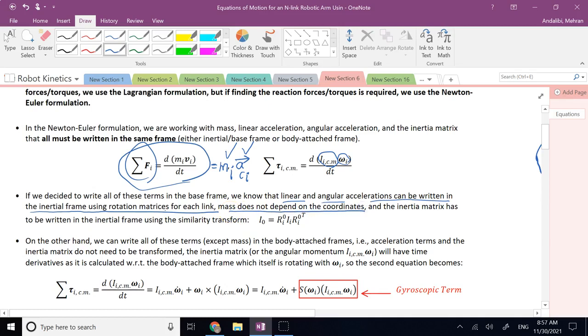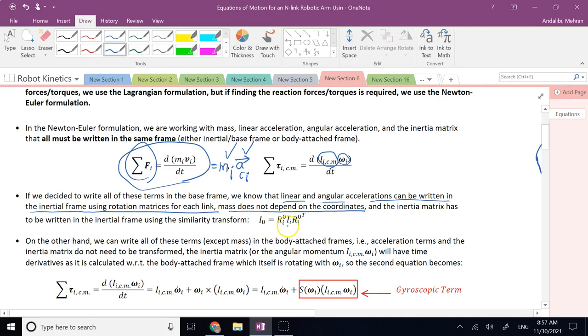The inertia matrix does, because if you remember the inertia components of the inertia matrix, there is x, y, and z in them. So it definitely does. Now, how do I take this inertia matrix here to the base frame?